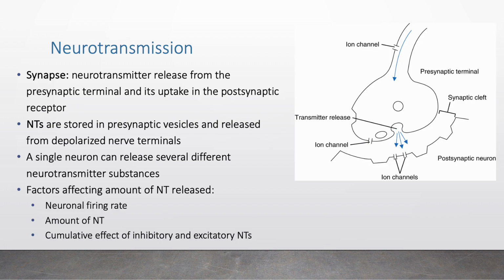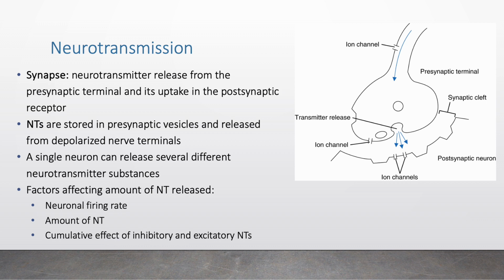A synapse is a junction between two neurons where neurotransmitter molecules are released from the presynaptic neuron's axon terminal and bind to receptors on the postsynaptic neuron. Neurotransmitters are stored in vesicles within the presynaptic neuron terminal.